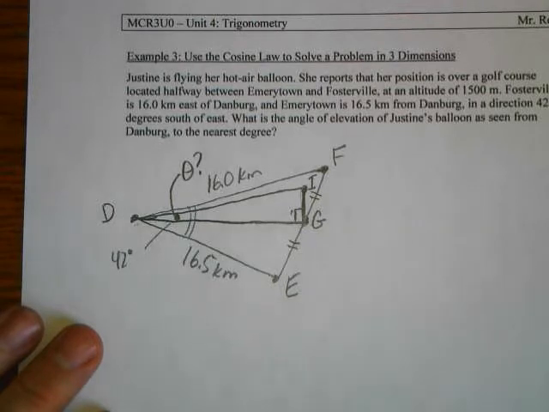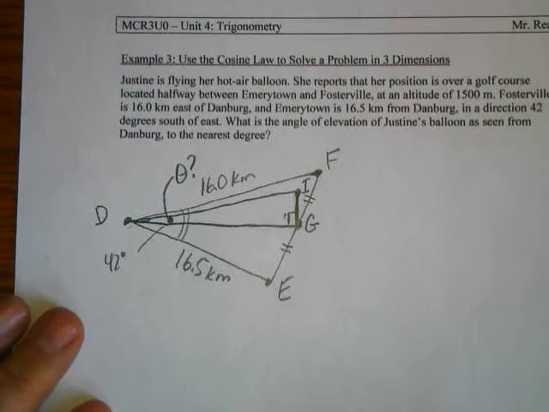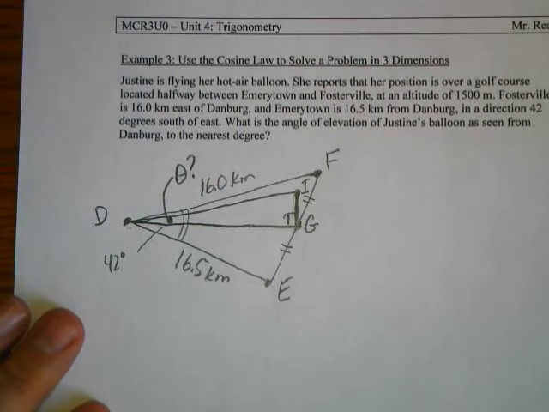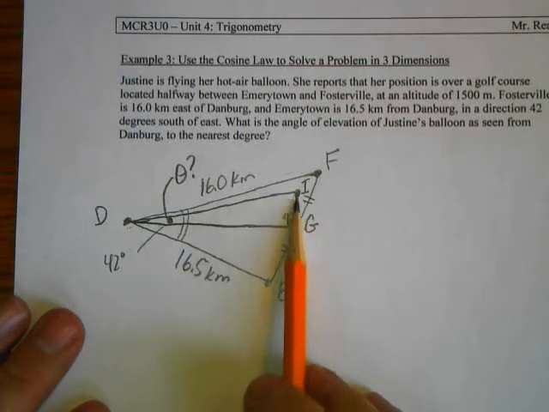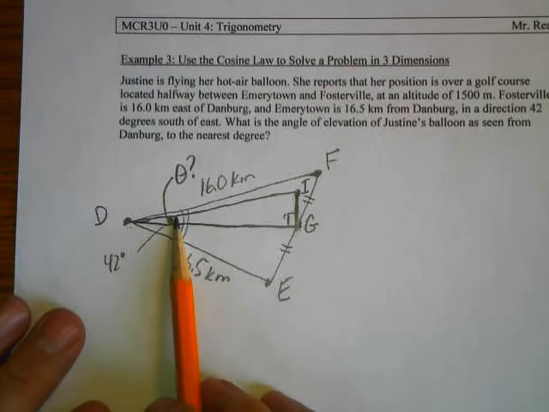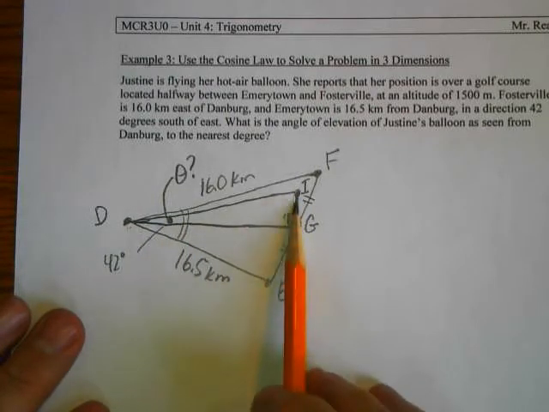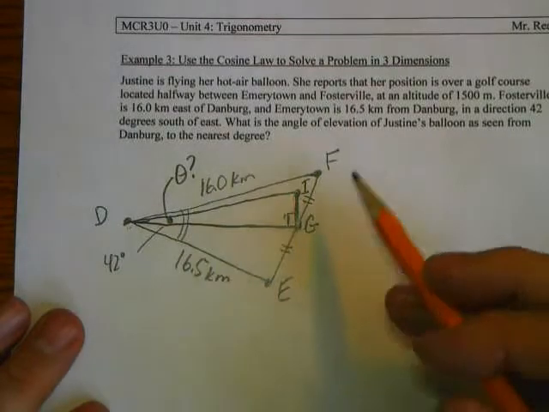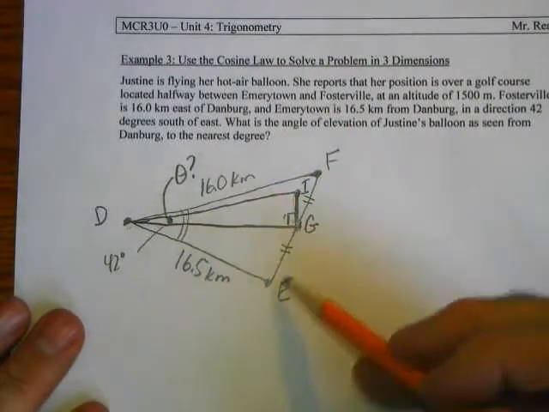This is, like I said, a very complicated question. Now, ultimately, I want to get IG, so that I can get that angle of elevation. But how do I get IG? Well, I need to get it using the bottom triangle.